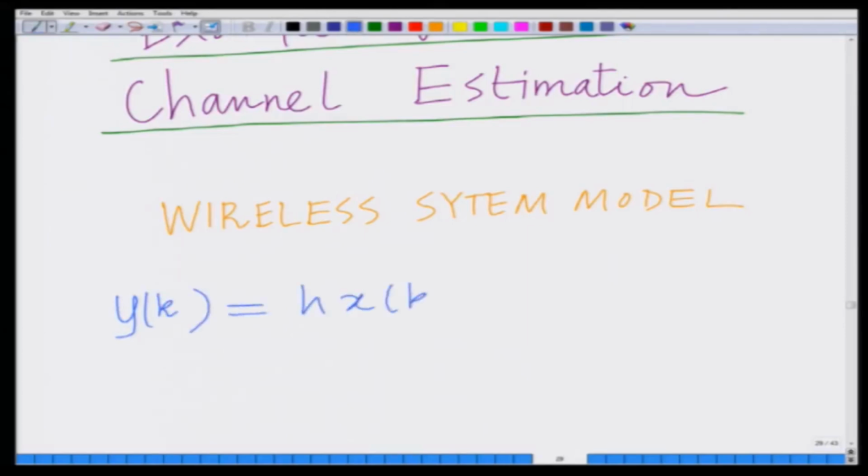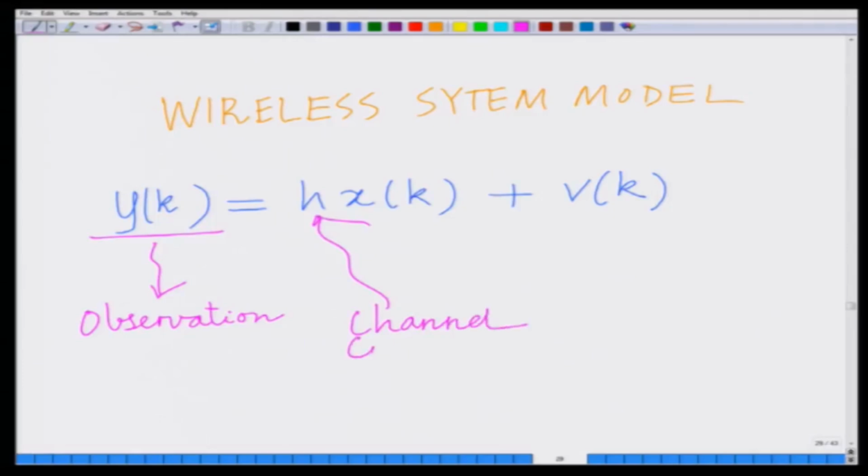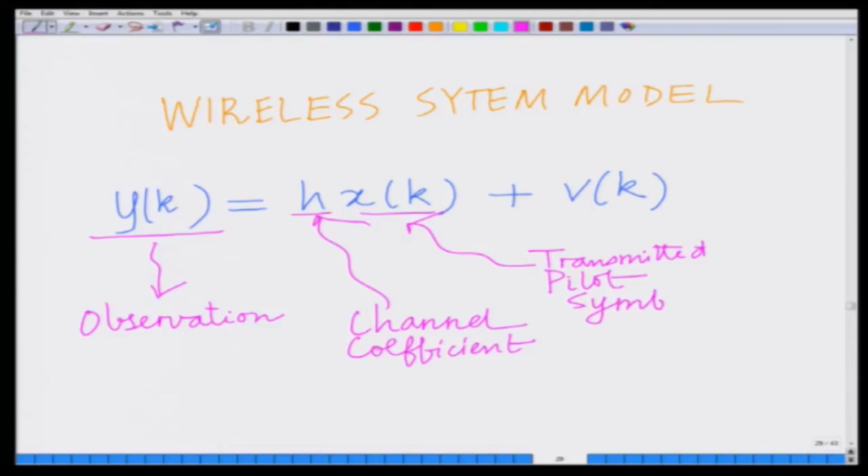Yk equals h times xk plus Vk, as we have already described in the previous modules, where Yk is your observation, the output at the receiver, h is your channel coefficient, x is the transmitted pilot symbol, and Vk is the noise.